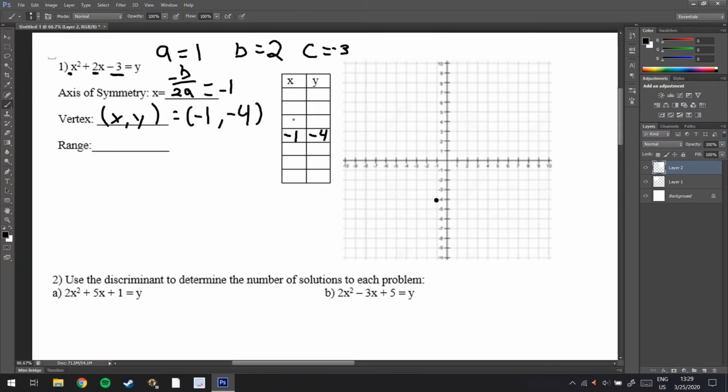I'm going to go write these in. So this is -2, -3. This is -1, -4. This is 0, -3, since it's symmetric, axis of symmetry. 1, 0 and -3, 0. Let's go plot these.